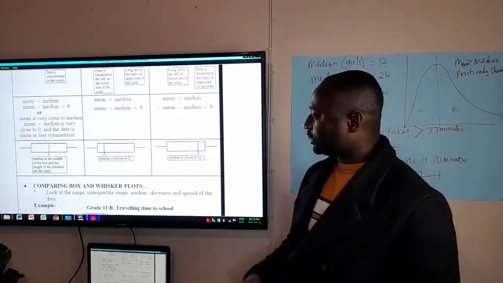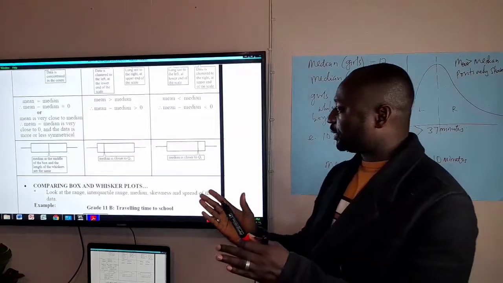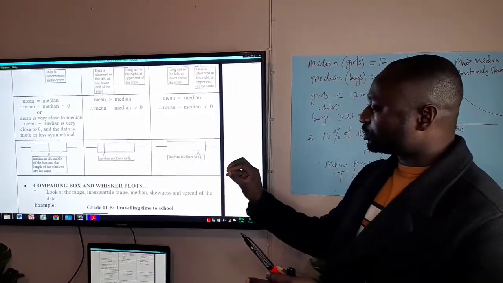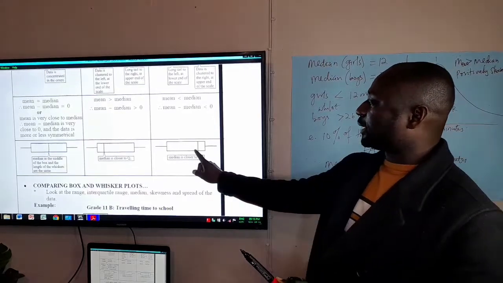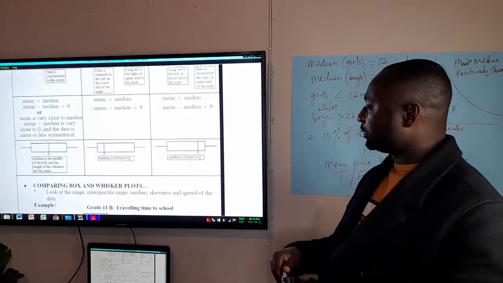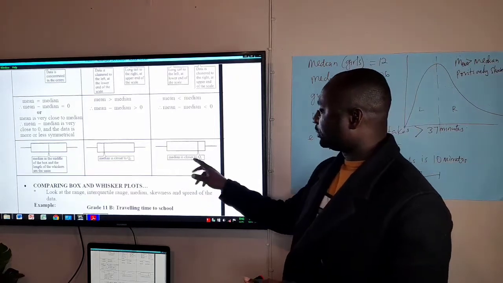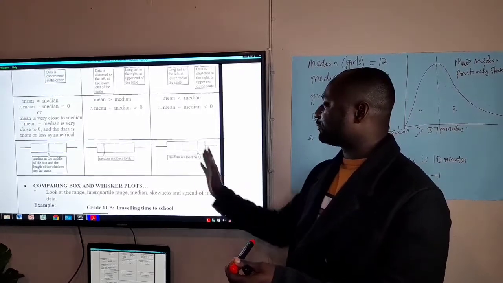Always look at the box and look at how it has been divided into two. And always focus on the bigger side of the box. That's another trick. Now when we come to this last graph, you can see the box is given. The median separates the two sides of the box, the left and the right.